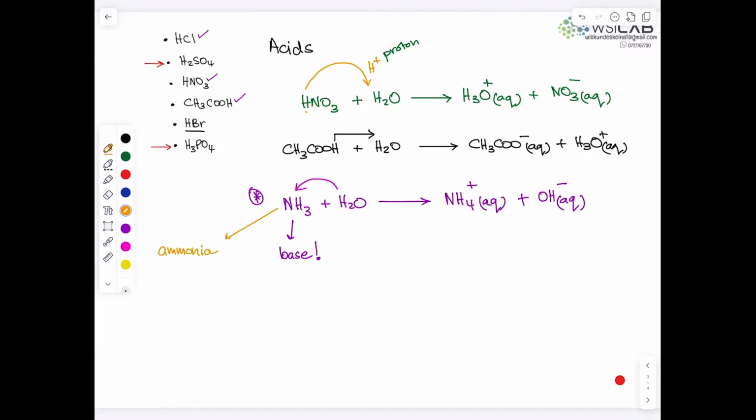And then we also have ammonium. Ammonium is NH4+. That is ammonium. It can get confusing with the names. That's ammonia and ammonium.